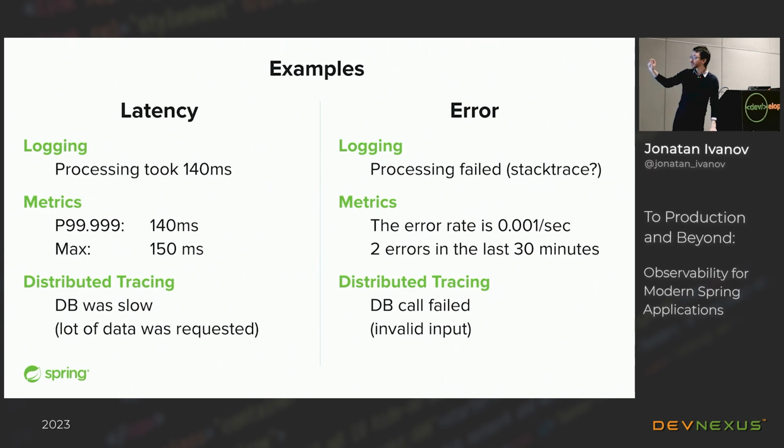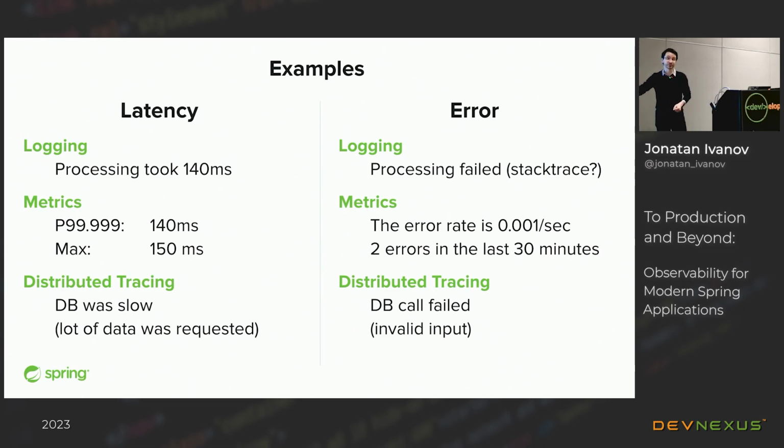So when you are optimizing a millionth of a millisecond, 140 is not just completely unacceptable, it's not even on your table. It's nowhere. So in this example, let's say that metrics can tell you that, hey, the P99.999 was exactly 140, and the maximum was 150. If this is your context, then this 140 is rather bad.